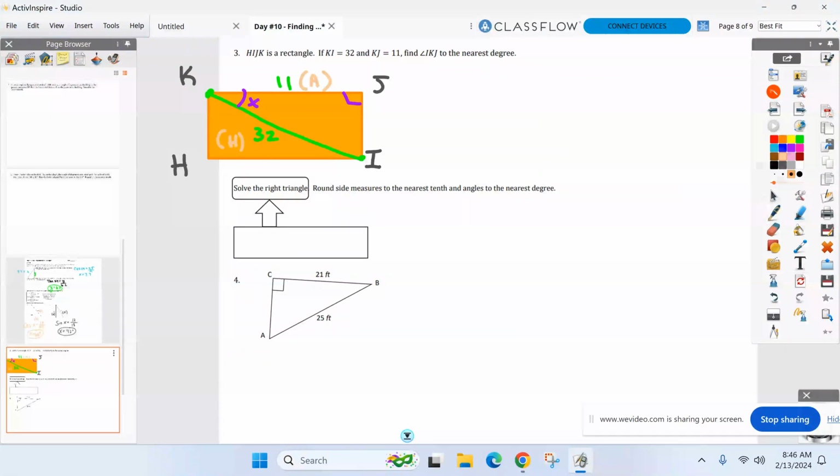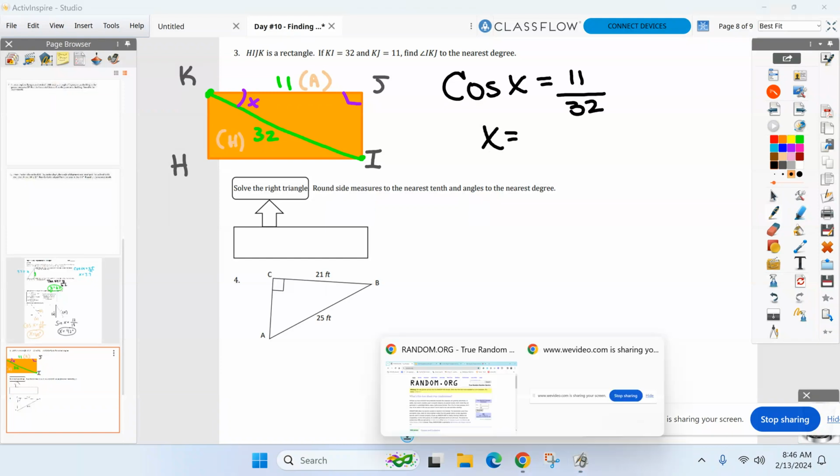So it looks like we got cosine going. Cosine of the angle. Adjacent over hypotenuse. Again, no cross multiplying when you find an angle, only a side. Only cross multiply when you find a side. So second shift cosine. So what angle has a cosine ratio of 11 over 32?